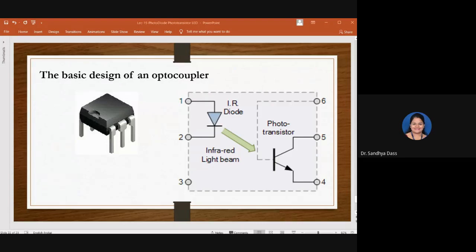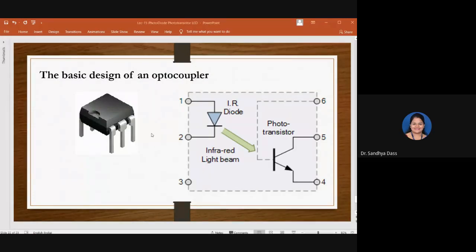This photosensitive device can be a phototransistor or a photodiode. So you have an LED and a photosensitive device. These are enclosed in a light tight body or package with metal legs for electrical connections as shown here. Assume a phototransistor device as shown in the figure here.